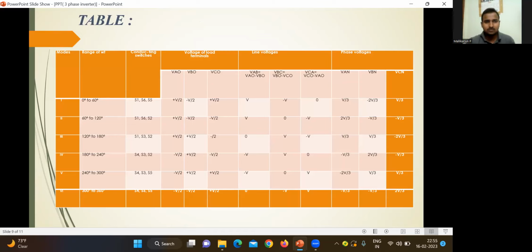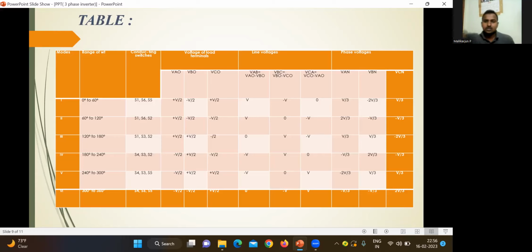S1 is the positive group, or upper, which is phase A. S6 and S2 are the negative group, phases B and C. After finding the equivalent impedance and substituting into the formula, we get the phase voltages: VAN equals 2V by 3, and VBN and VCN are negative, minus V by 3 each.